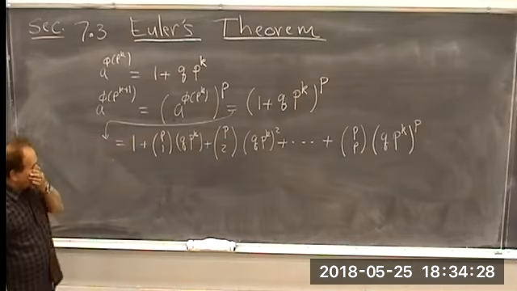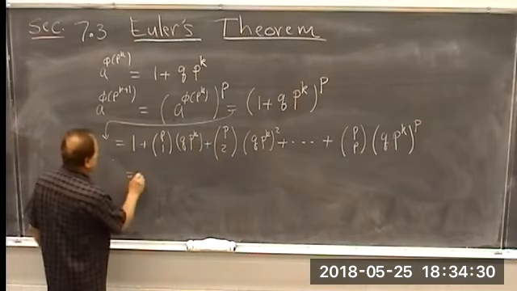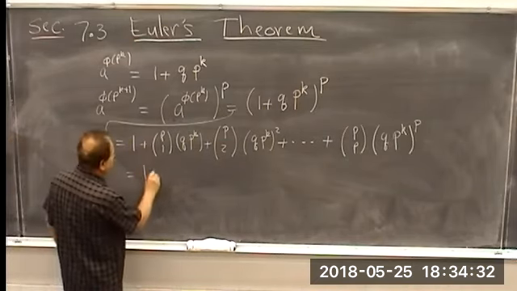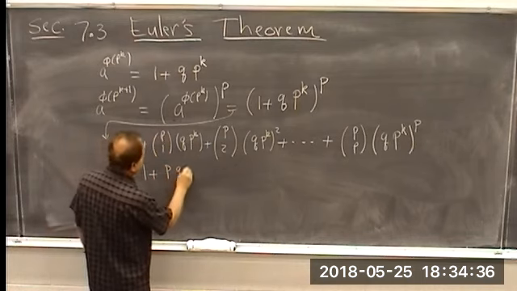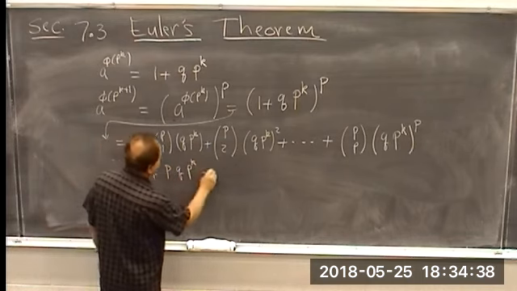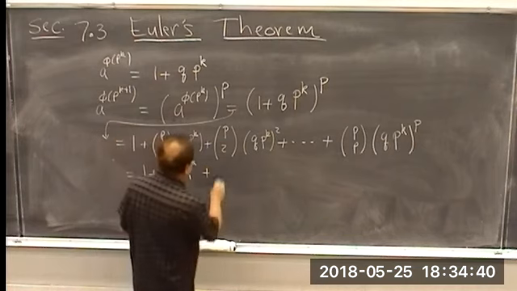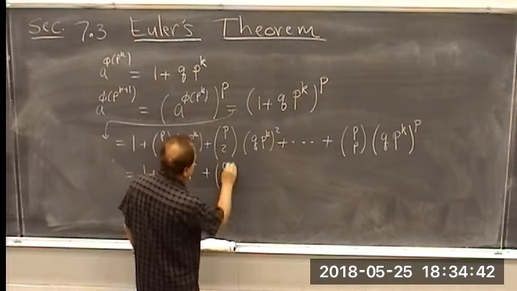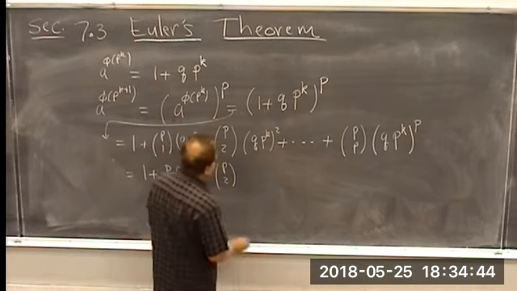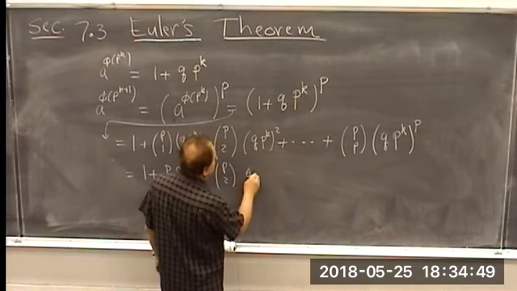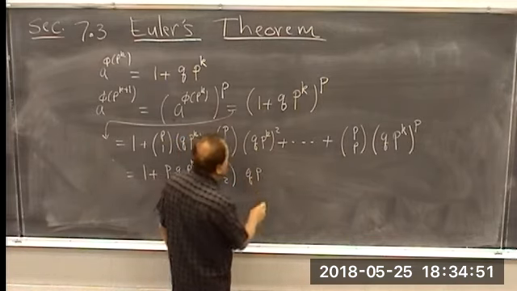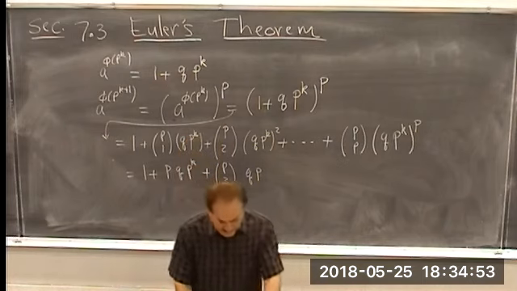All right. Now let's see what this is equal to. So this one is 1. P choose 1 is equal to P, so P times Q P to the K. And this one, I'm going to leave the binomial coefficient. This one I'm going to split.